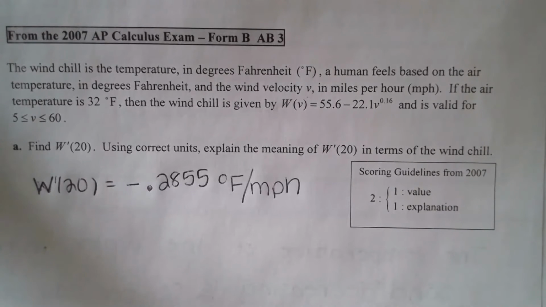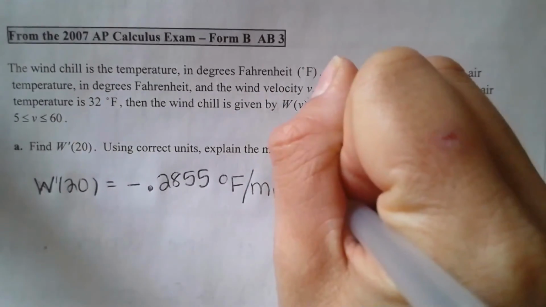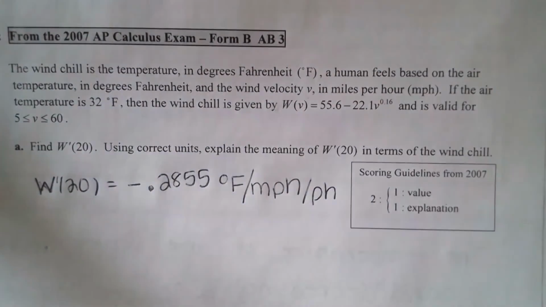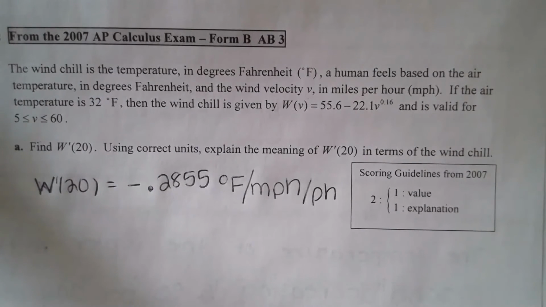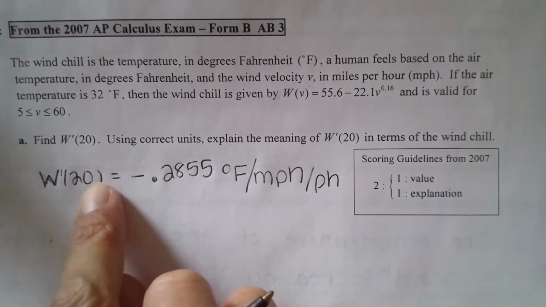I'm trying to go back to think about the explanation whenever we were AP reading them. And I feel like this is the one a lot of kids forgot the degrees Fahrenheit. Miles per hour, per hour. Because the V is miles per hour.